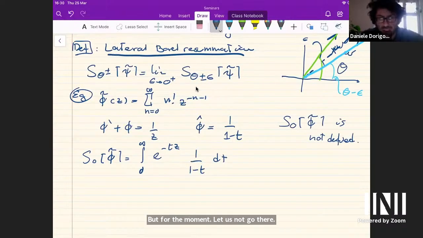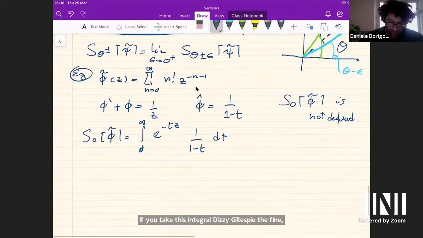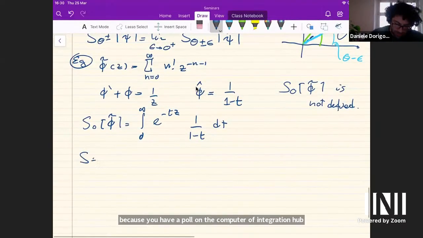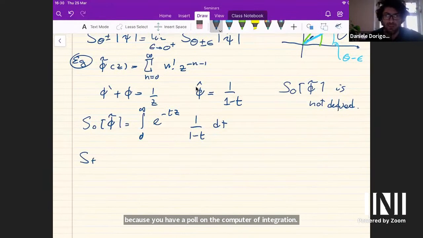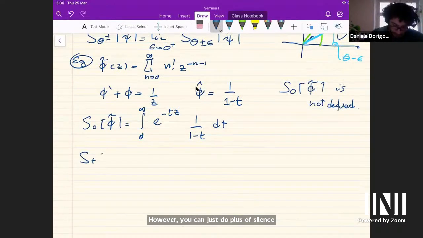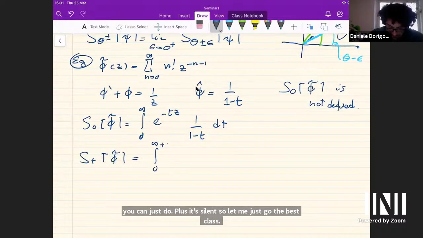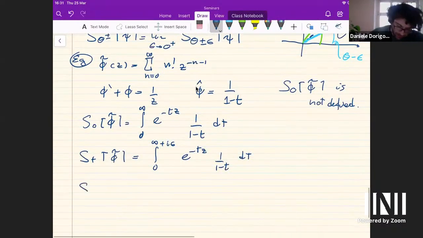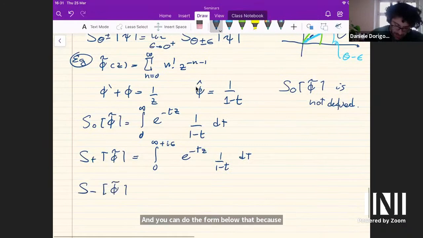This integral is ill-defined because you have a pole on the contour of integration. However, you can just do plus epsilon, so let me just call it S plus. And you can do the integral from below. Let me call it S minus.